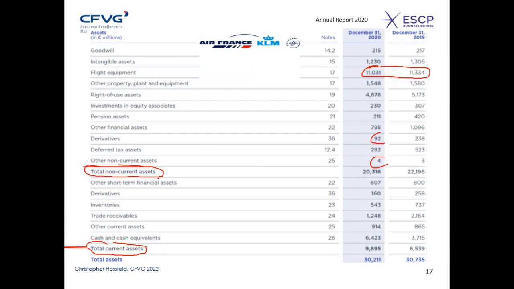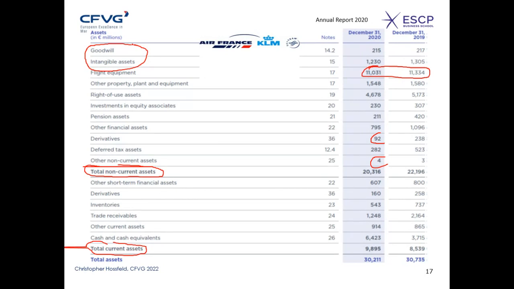Okay, inside the non-current assets, we have 3 subcategories of non-current assets. The first subcategory that we can subsume or regroup as intangible assets. So goodwill is an intangible asset, and there are also other intangible assets in the Air France group.